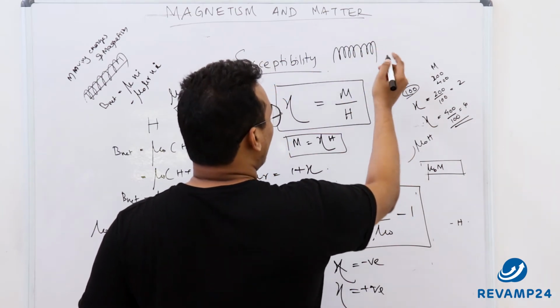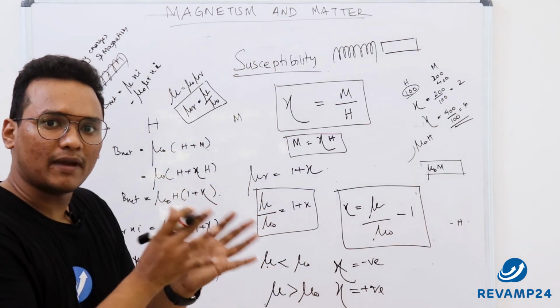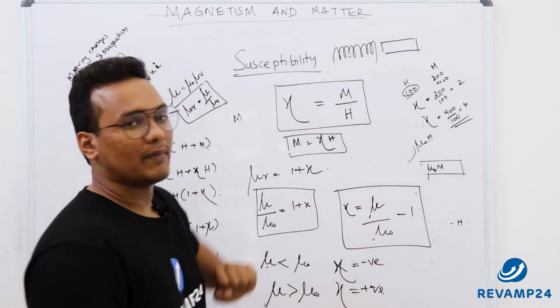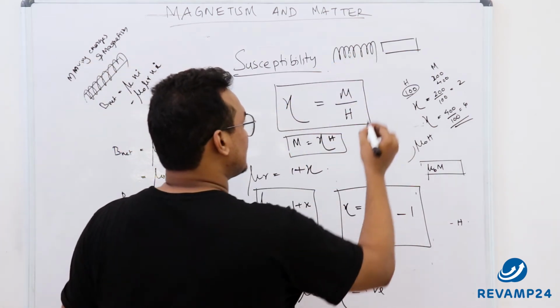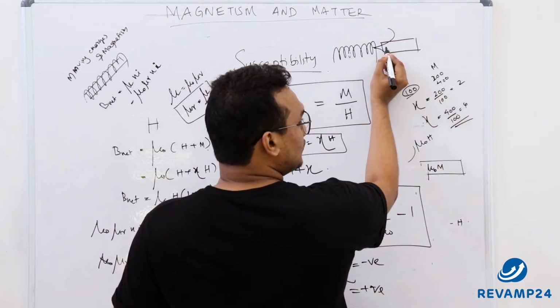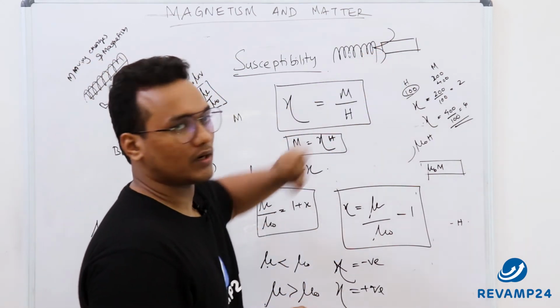With this solenoid, a substance will produce a net magnetic moment, but the direction will be opposite to the magnetizing intensity. So this is the magnetizing intensity H, given in this way, but the substance will produce a net magnetic moment that is opposite to this one.